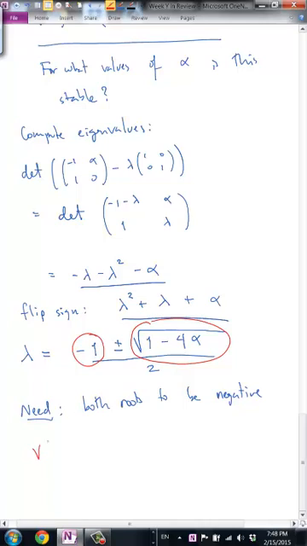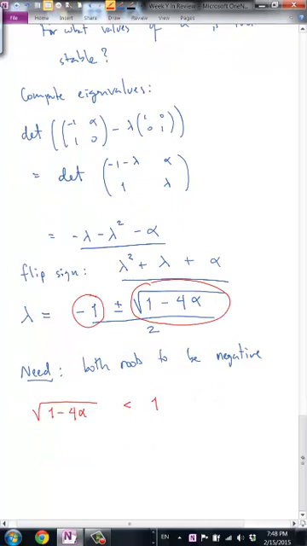So we need the square root of 1 minus 4 alpha to be less than 1, which is the same as asking that 1 minus 4 alpha is less than 1, which is the same as asking that alpha has to be greater than 0. So for all values of alpha greater than 0, this is stable. And those two examples show how we can use linearization to answer questions about stability, but only local stability for nonlinear systems.